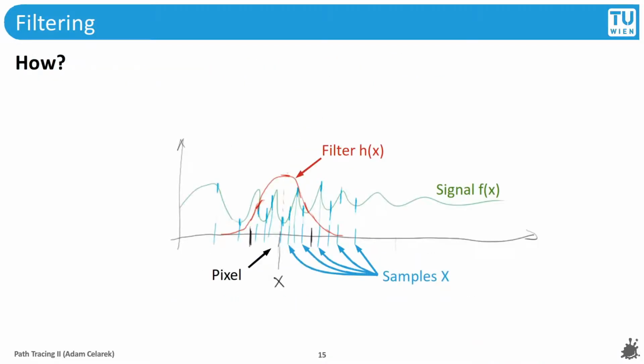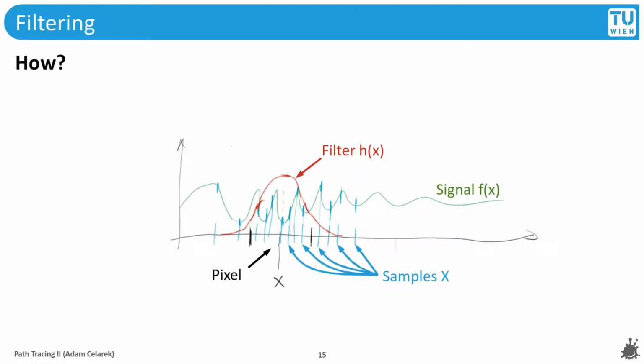Okay, we have seen the filters, but not how that works in the context of rendering. So here we go. You see the signal F and the filter kernel H. Before, we said that we compute the convolution between F and H in order to get a smooth signal. But we do not have the signal F as a function. We can only sample it. And so we need to change the approach somewhat.